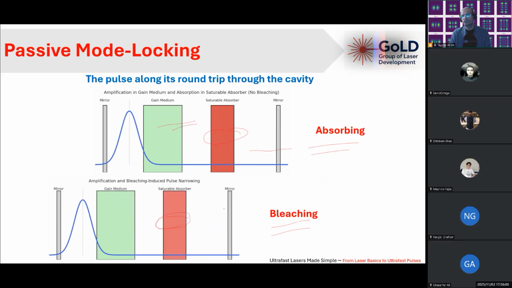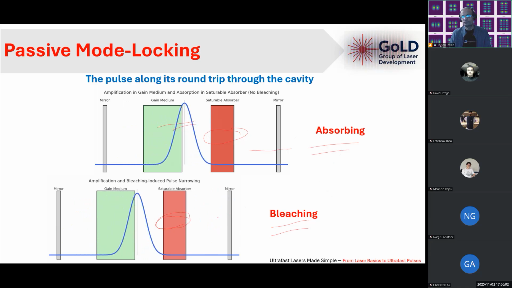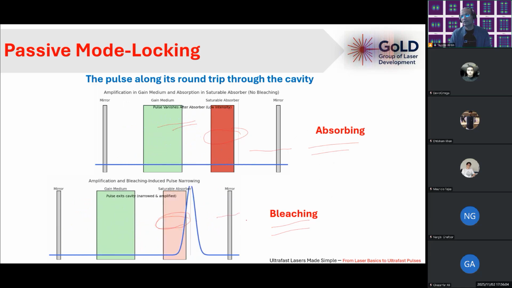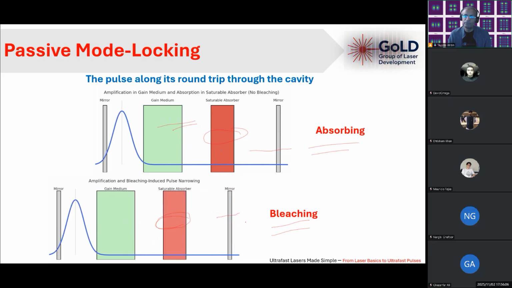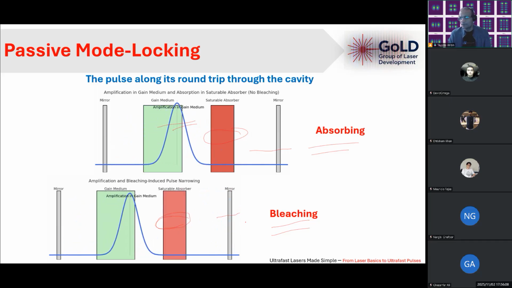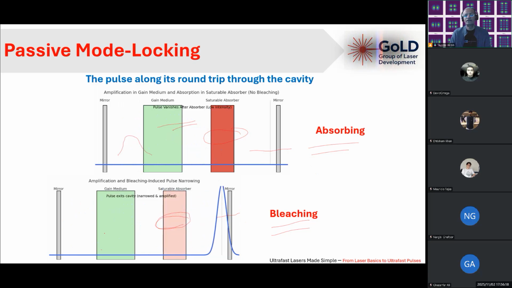This portion is transparent for this pulse, and we have a squeezed and energetic pulse at the output. So here it has to be a less intense beam, like this pulse, and here it has to be like this pulse.